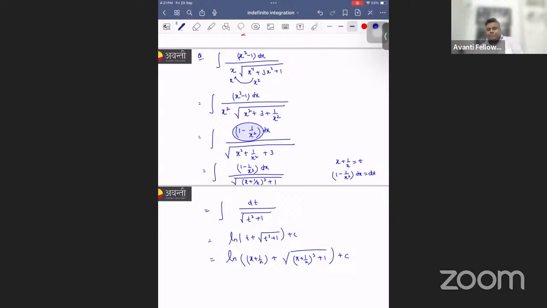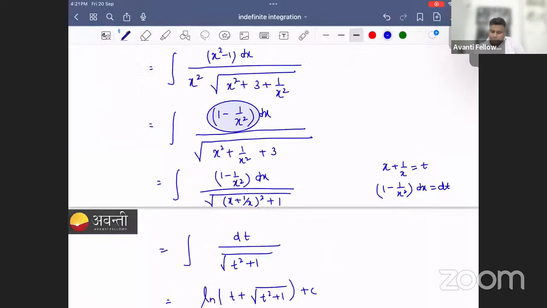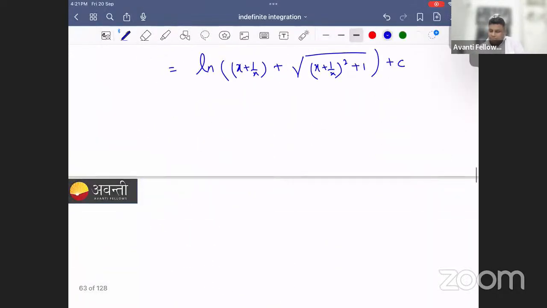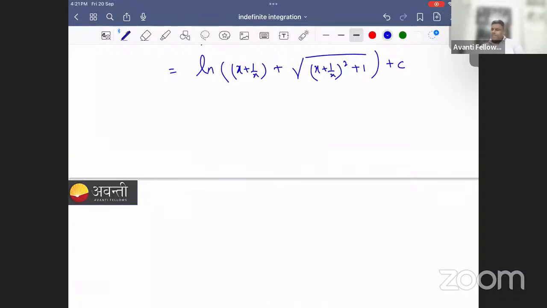Now I'll take an example from NCERT itself.